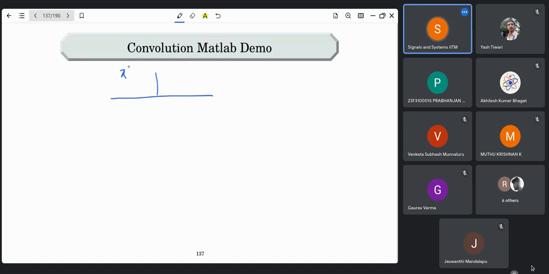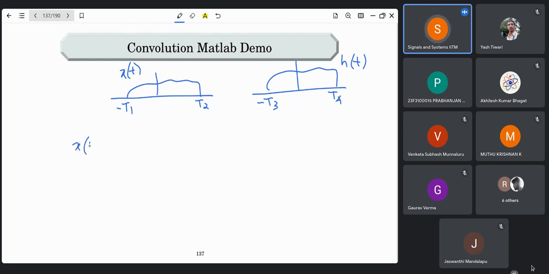Let's call this x of t, some arbitrary signal. It exists from, let us say, minus t1 to plus t2. And there is another signal, let's say this is h of t. It exists from, let's say, minus t3 to plus t4. Now, if we are integrating this, the integration is from minus infinity to infinity of x of tau, h of t minus tau.